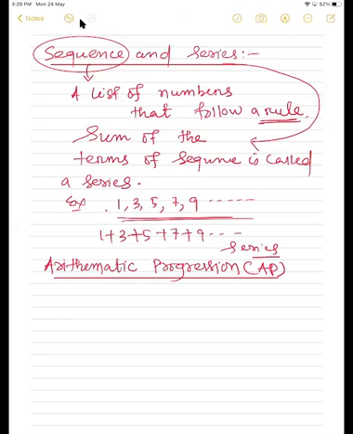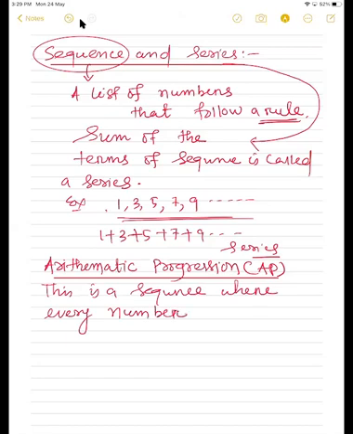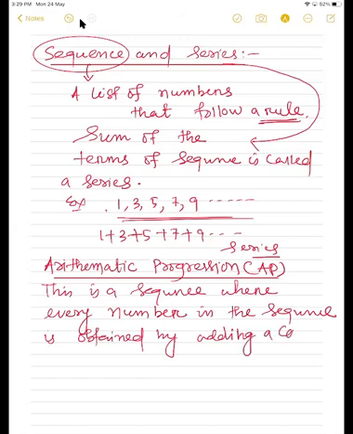So you can write: this is a sequence where every number in the sequence is obtained by adding a constant to the previous number.